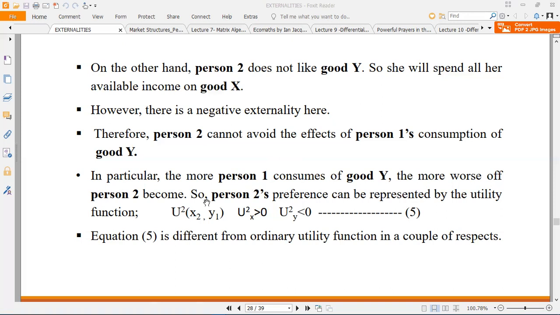So this individual's utility function is described by this. Based on her preference between the two goods, we have this utility function. U2 stands for the utility function for individual 2.